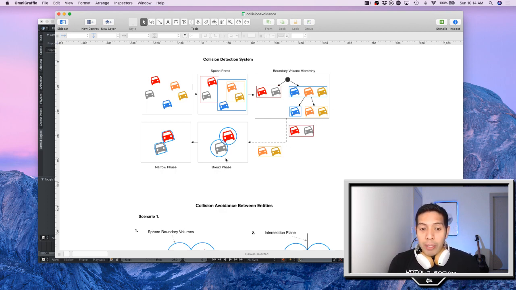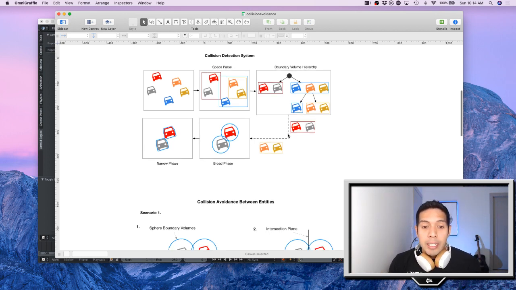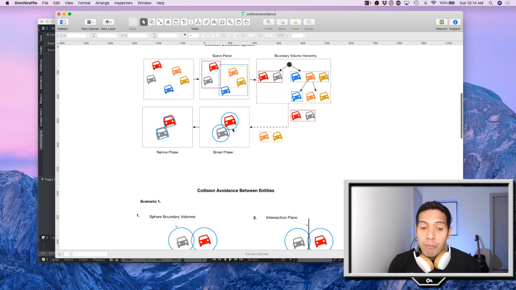In the broad phase, with any node from the tree that has two entities that are most likely to collide, I do a very quick test between two spheres. Basically, I bound the entity with a spherical bounding volume, and then I do a test.